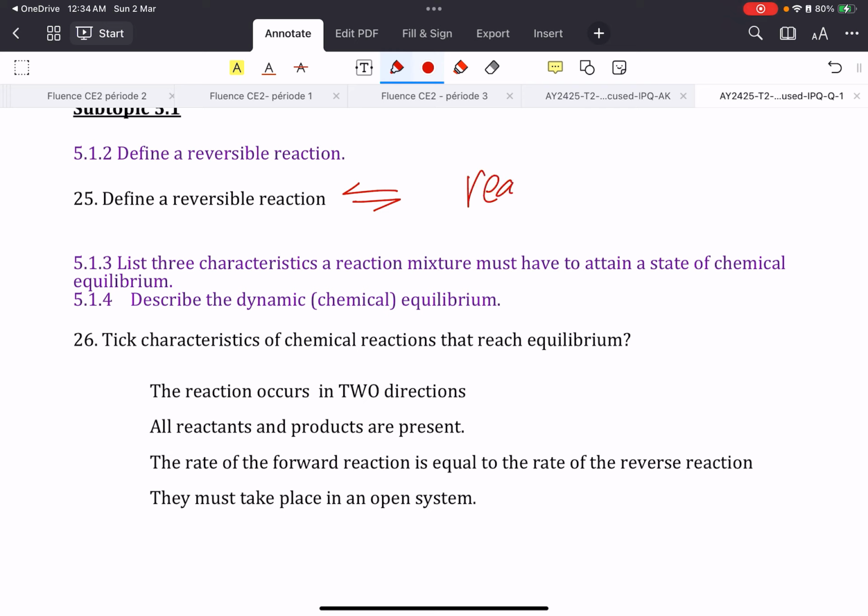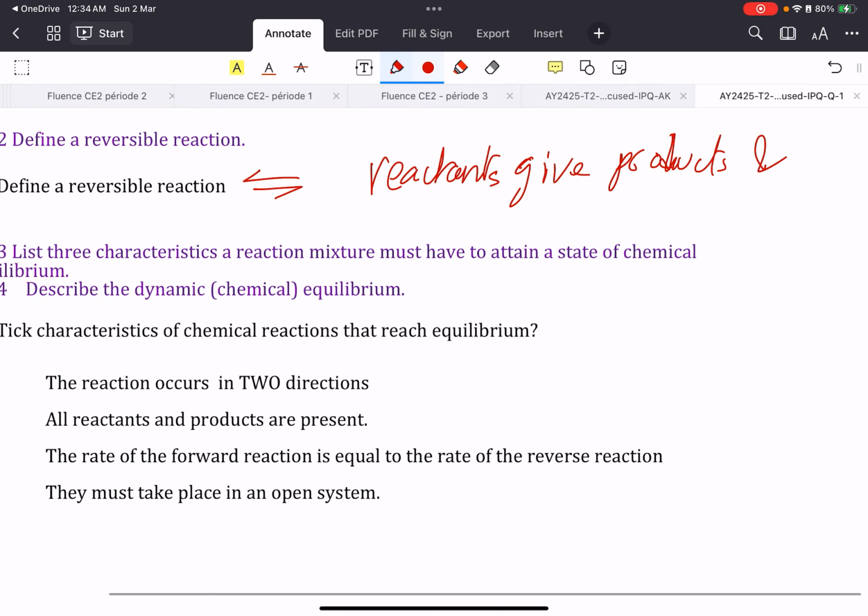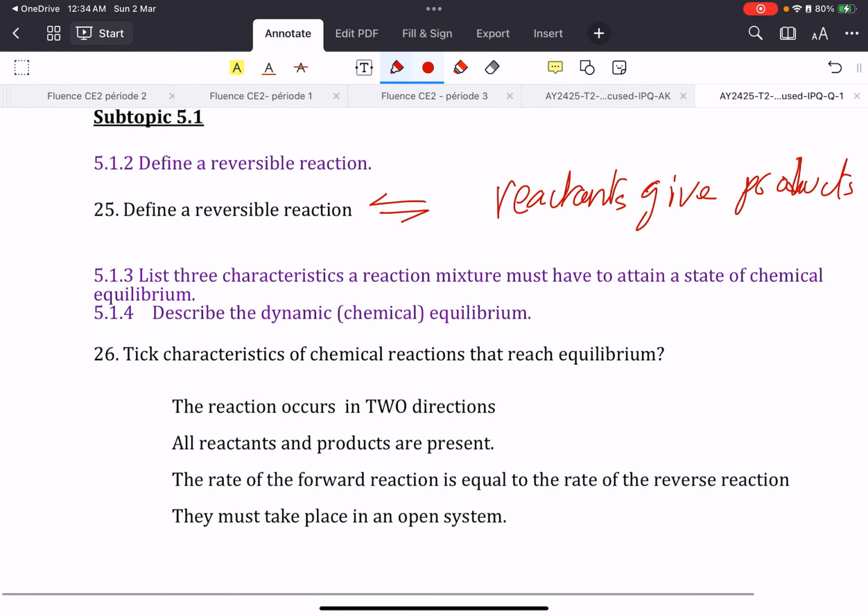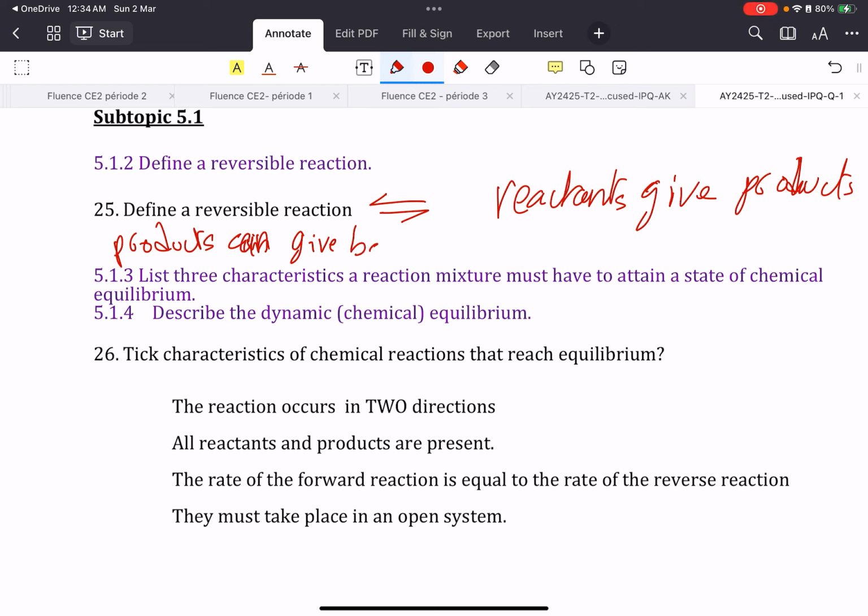It means that reactants give products, and once their amount is enough, the products can give back the reactants.